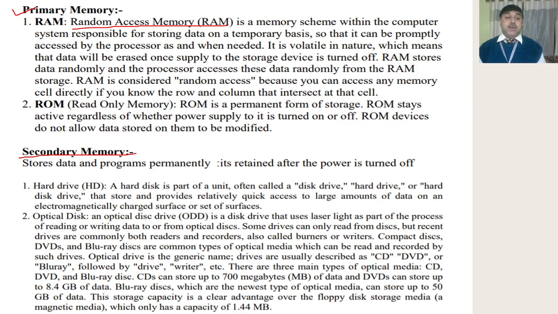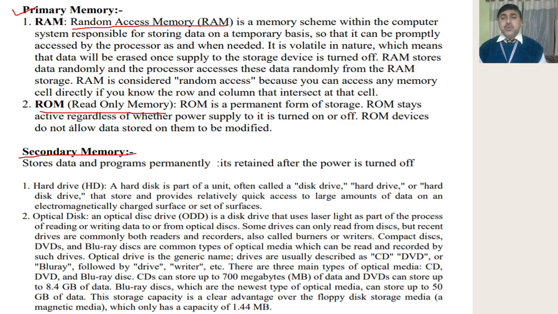Next I will discuss ROM. What is this ROM? ROM means read only memory. ROM is a permanent form of storage. RAM is not a permanent form of storage. This is a permanent form of storage. ROM stays active when the power is not there.